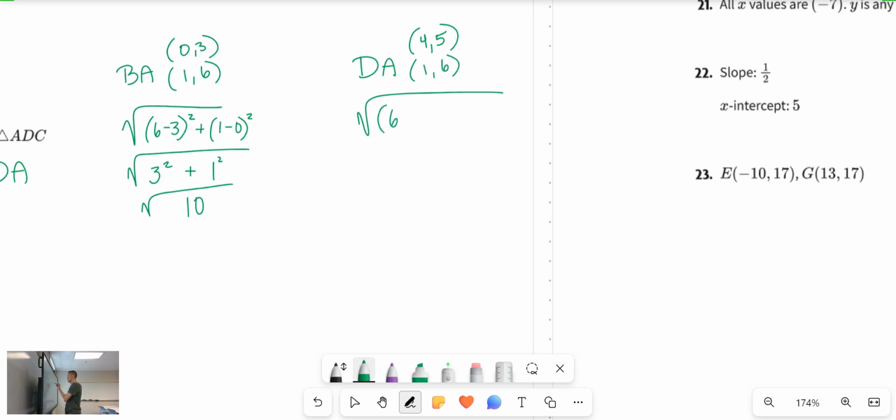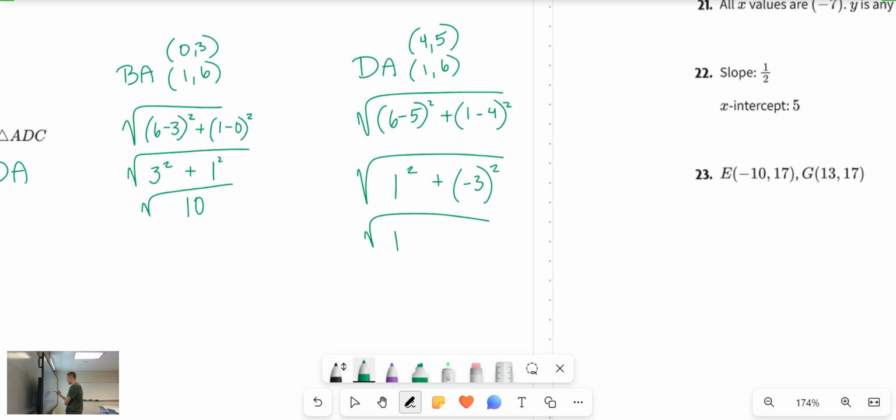So this is going to be 6 minus 5 squared plus 1 minus 4 squared. 6 minus 5 is just 1. So that's 1 squared plus 1 minus 4 is negative 3 squared. Then we do this, we get 1 squared is 1 plus negative 3 squared is 9. So that's the square root of 10.